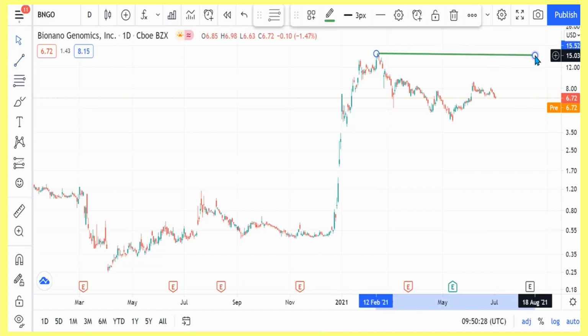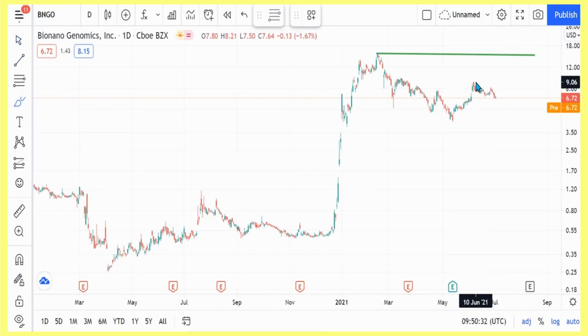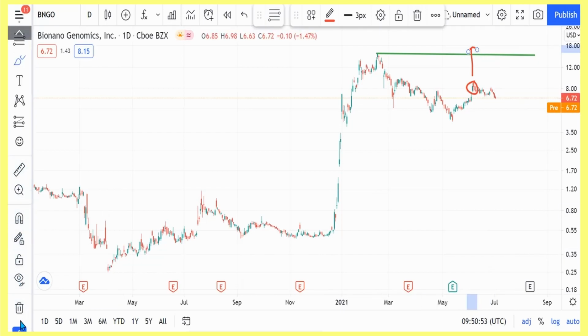Why didn't this particular high move beyond that green line? Does it really signify the buyers are losing their energy? This is what we want to look at now. Do the buyers still have energy? We know the sellers are losing energy.